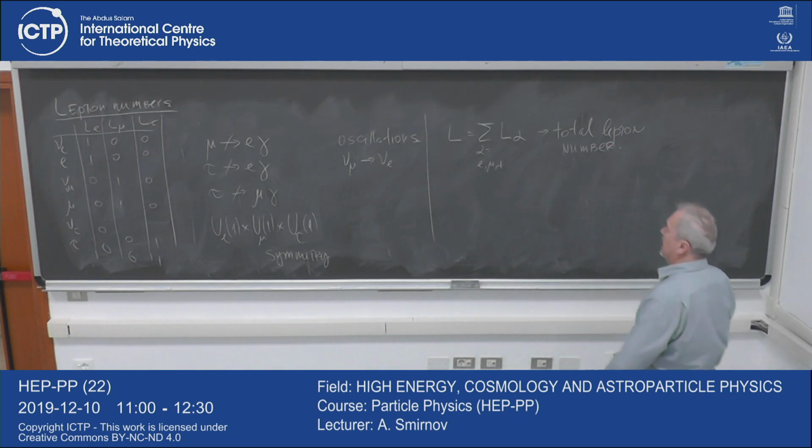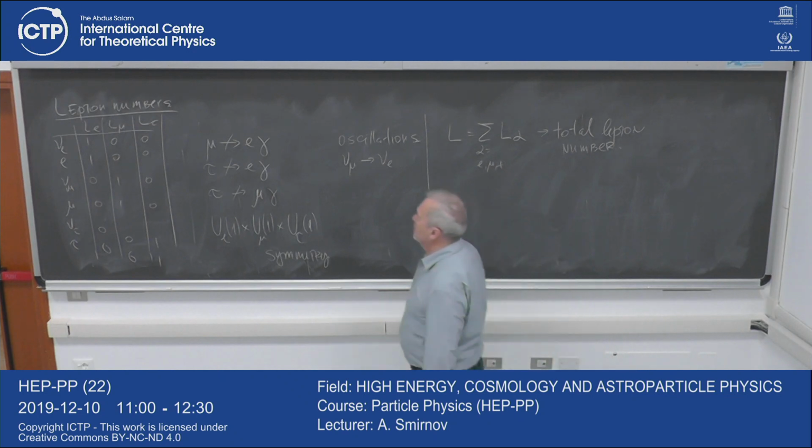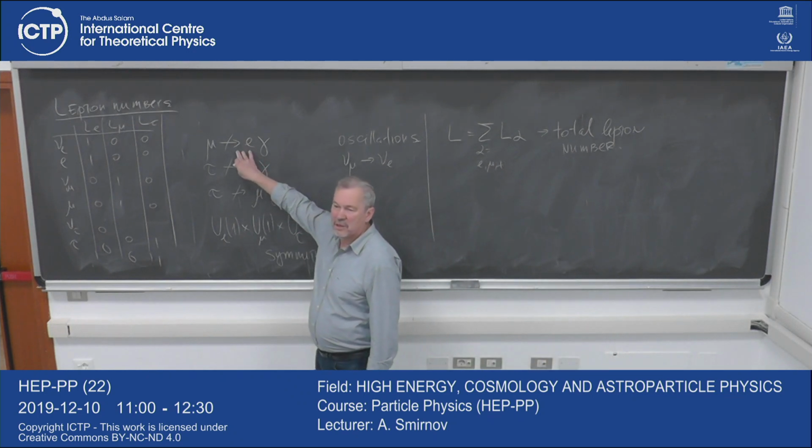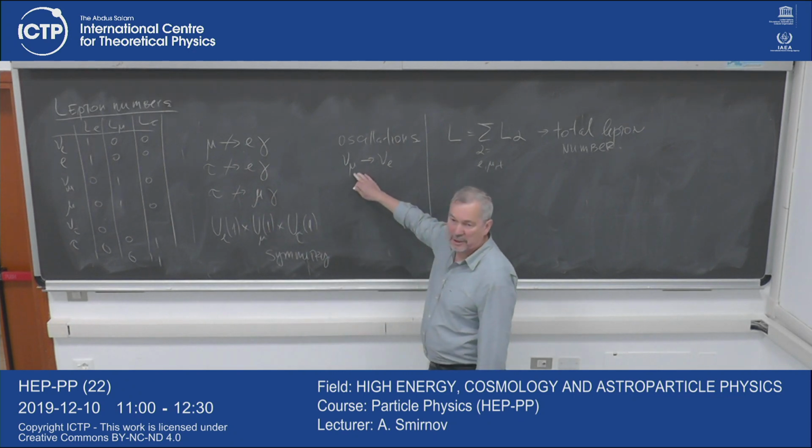And it seems that this is really a very good quantum number, because we haven't found any violation of this total lepton number. Right? It is conserved also in oscillations.